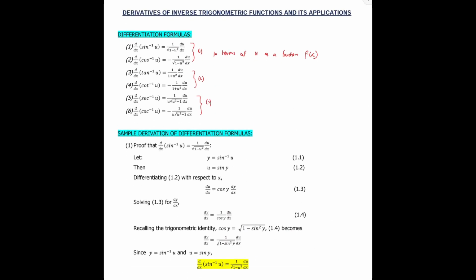So ang proof for the arc sine, more or less the same process with arc cosine, only that it is negative. So mao na ang ilang kalahian, class. So with that, mas dali siya tandaan kumpara sa ordinary nga trigonometric identities or trigonometric functions.